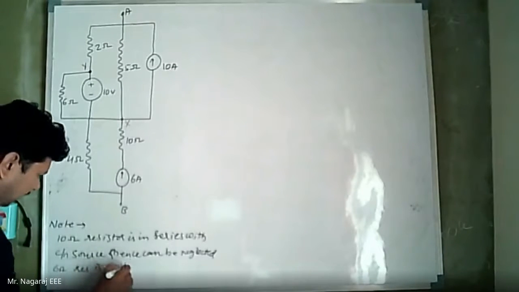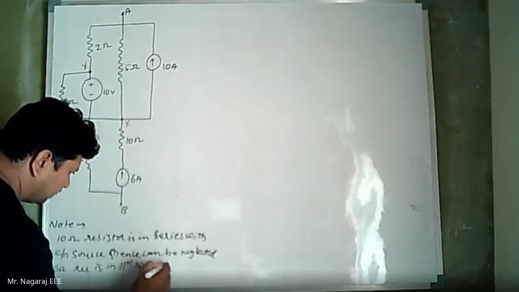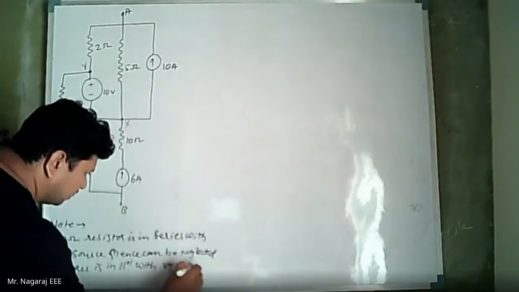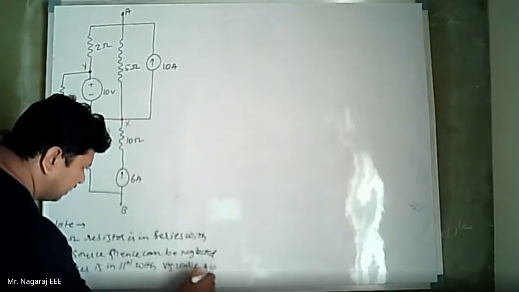This is one point. Second point, the 6 ohm resistor is in parallel with a voltage source and is neglected.